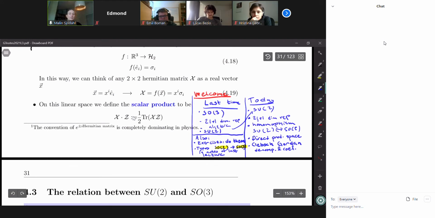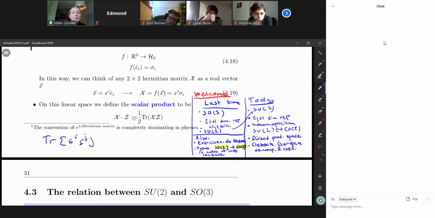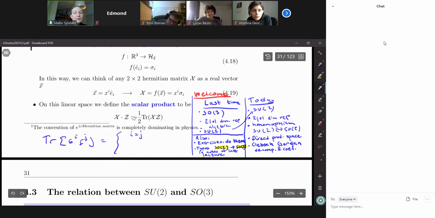To see why this makes sense, we note the trace of sigma_i sigma_j. If sigma_i and sigma_j are the same, so if i and j are equal, then what we have here is nothing but the two-dimensional unit matrix, because sigma_i squared is 1.